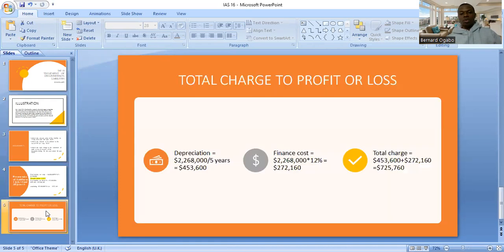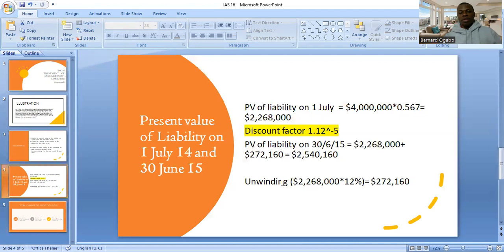So how do we do that? The question can actually even ask you, what is the finance cost? The finance cost is this unwinding that we've done here. When you say 2,268,000 multiplied by the discount rate or the cost of capital, this amount is the finance cost at the end of year 1.